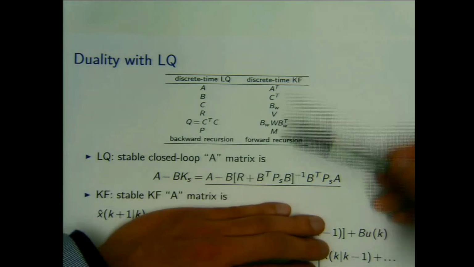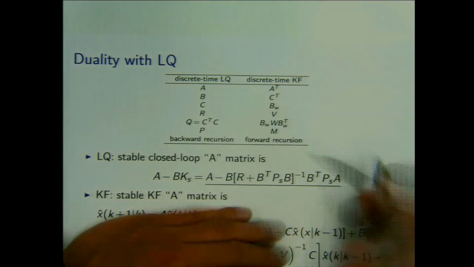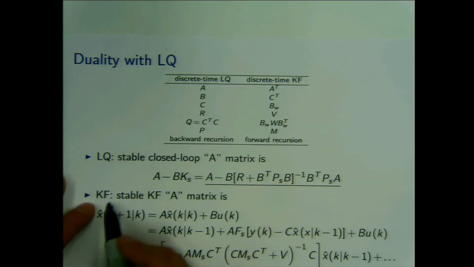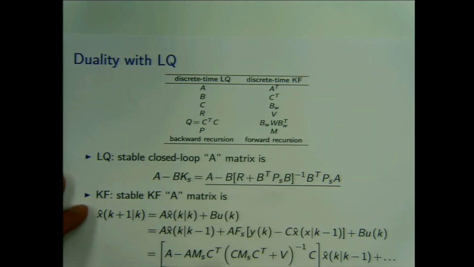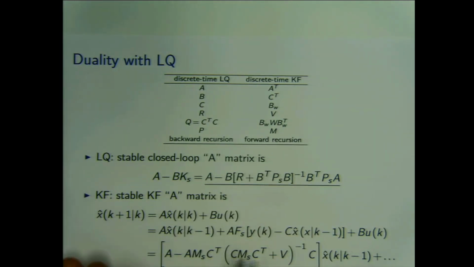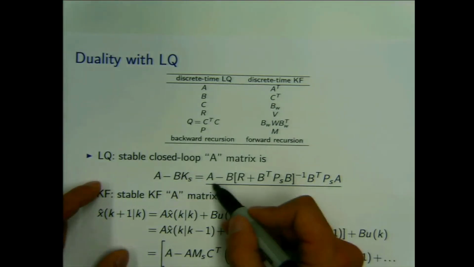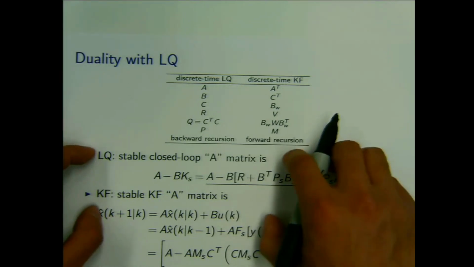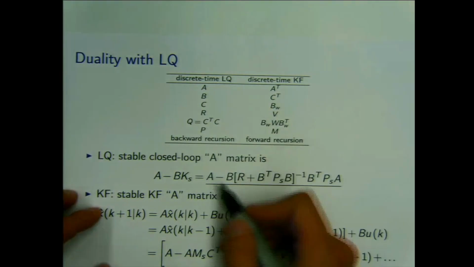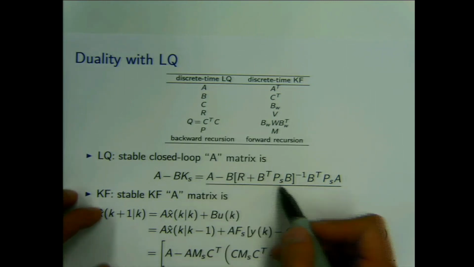Because of the duality between LQ and Kalman filter, we have exactly the same conclusion: the Kalman filter loop is always stable if we have the controllability and observability assumptions. Okay? Just a little bit more. This is the main message, that the Kalman filter is asymptotically stable. This is just the additional information telling us which matrix is stable.